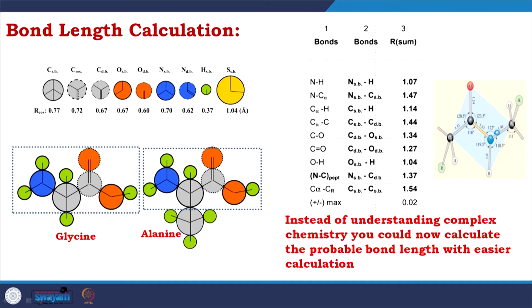Here I have given the bond length of the peptide bond and you could just check how we are getting the additions. When you have two carbons, you add the single bonds. When you have a double bond, you add it, and you keep getting the idea of how this bond length calculation is made.